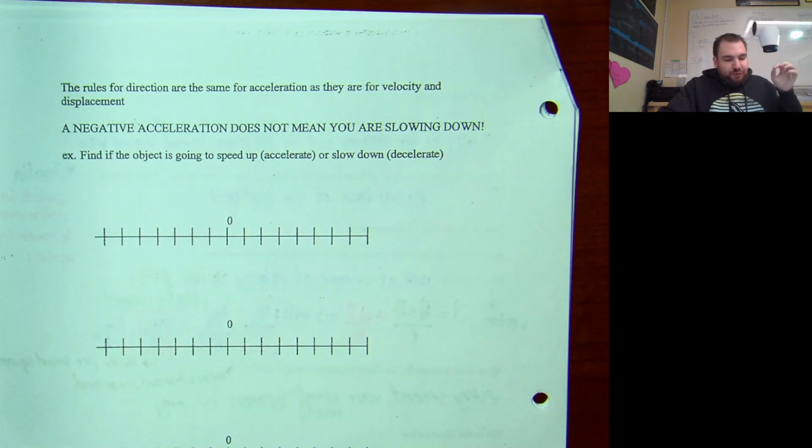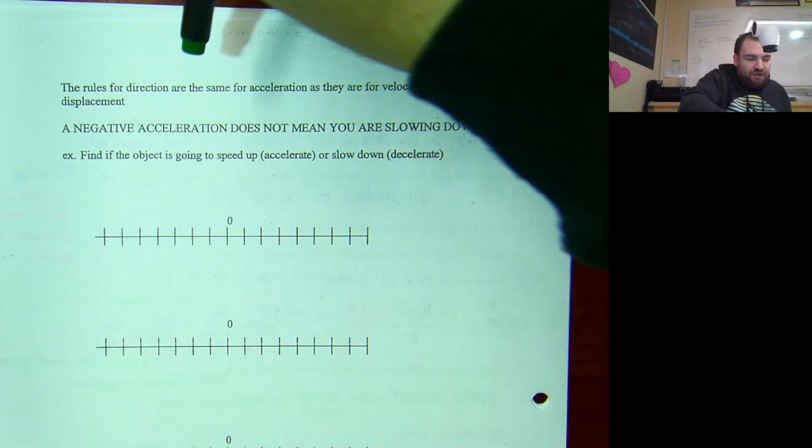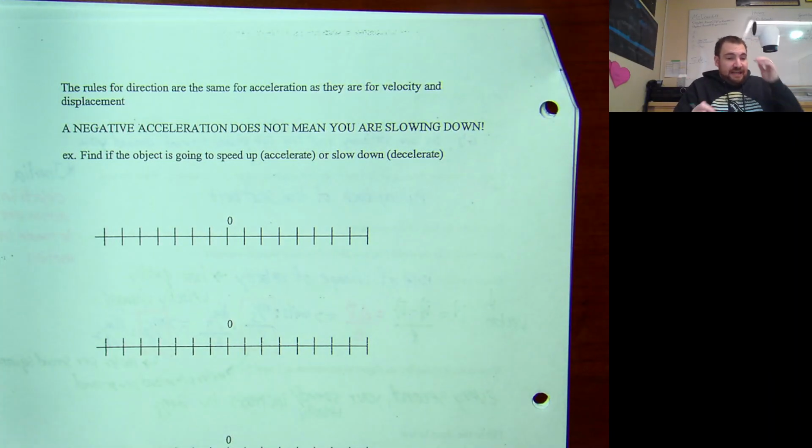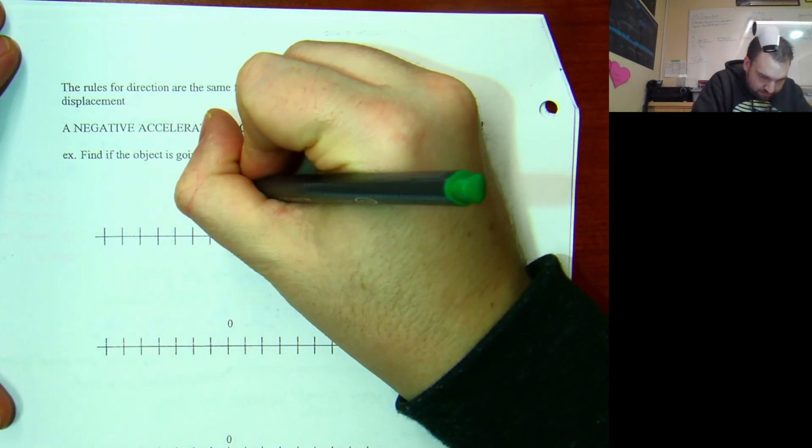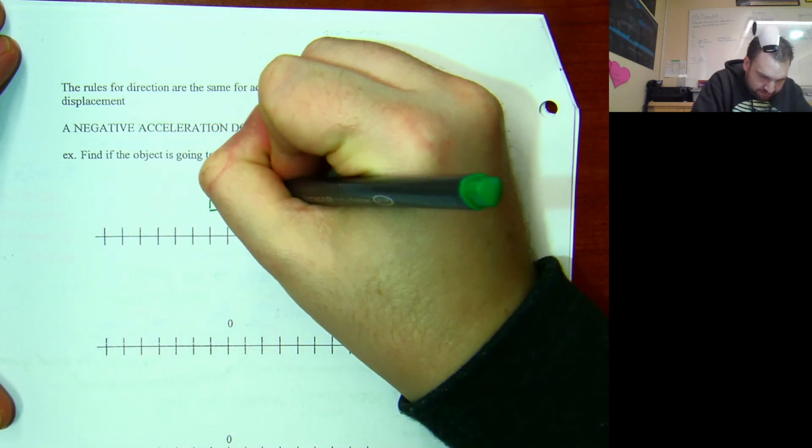The rules for the direction for the acceleration are the same as they were for velocity and displacement. But what they mean practically is a little bit different. So, for example, let's say I have an object. Here's my object.